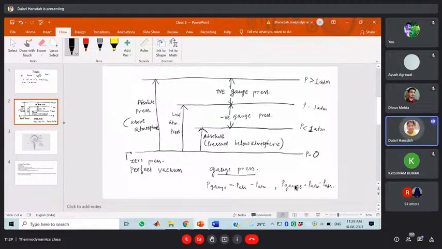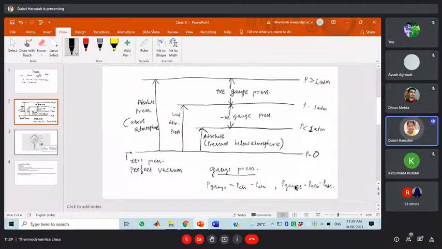The pressure relative to your perfect vacuum is known as your absolute pressure, as I have already told you. So from this relation also you can get the absolute pressure. Absolute pressure is equal to P gauge plus P atmosphere. Okay. So this relation is used.